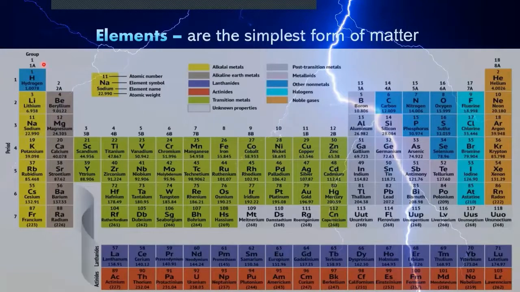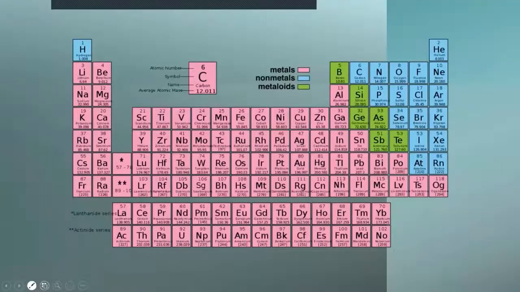Here is the list of all the elements called the periodic table, and everything that surrounds us is composed of different kinds of elements. Let's have a brief discussion about the periodic table, specifically what elements are under metals, what elements are under non-metals, as well as what elements are under metalloids.